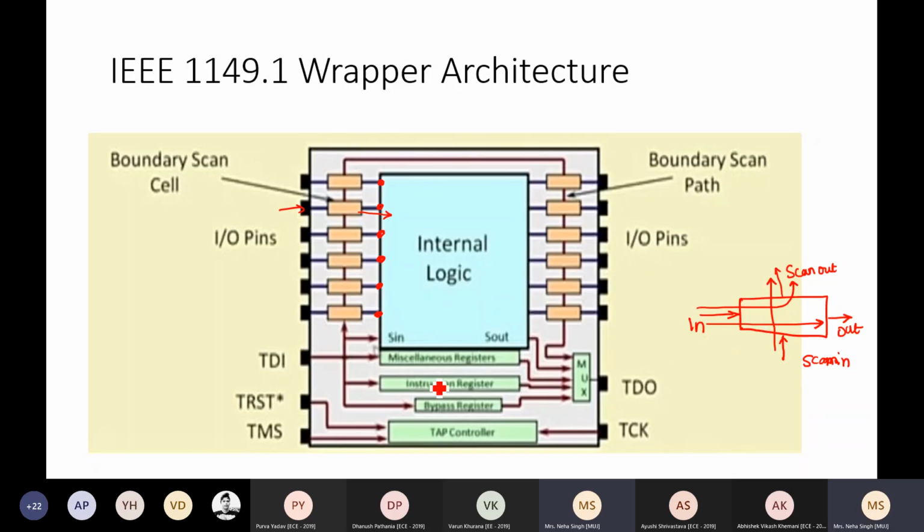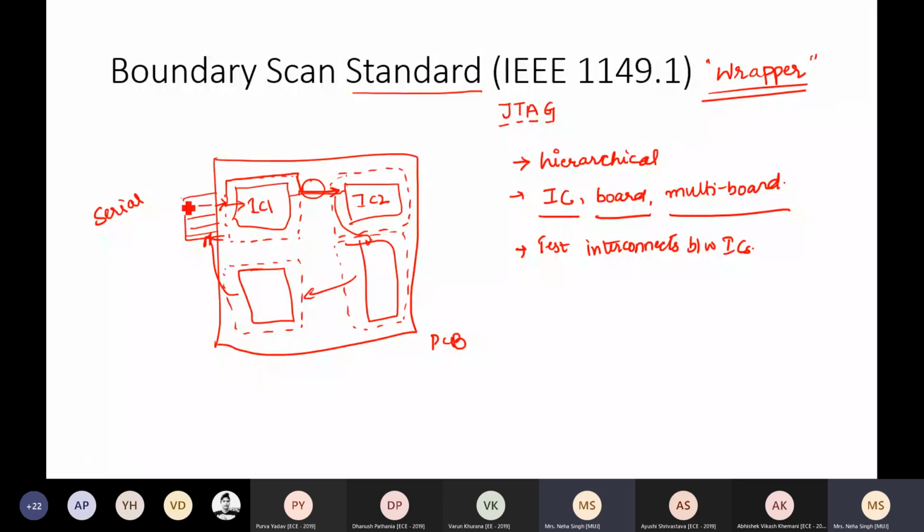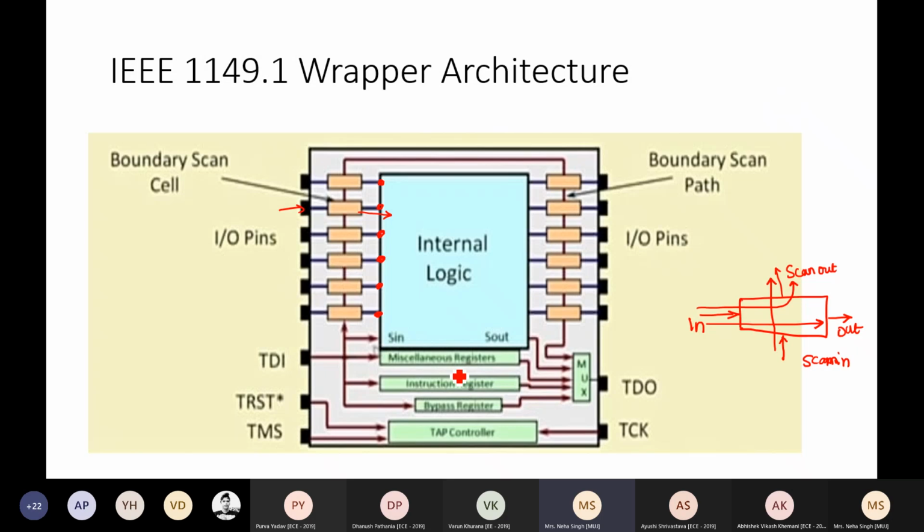Right? Now, all the instructions are given through this TAP controller. This TAP controller is basically these pins. This controls the testing. So what it does is I give the instruction, whatever testing needs to be done, that instruction goes to the instruction register, which stores what instruction needs to be done, and in turn settles the requirement for each IC.